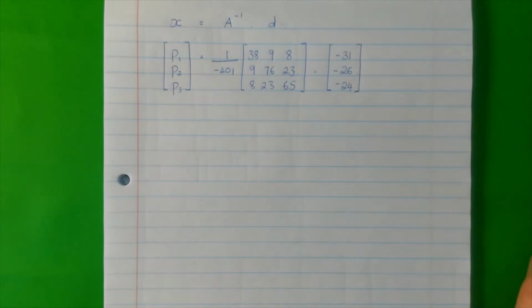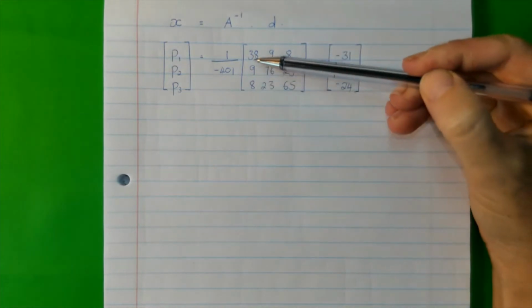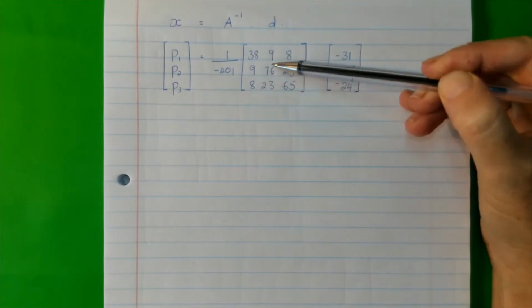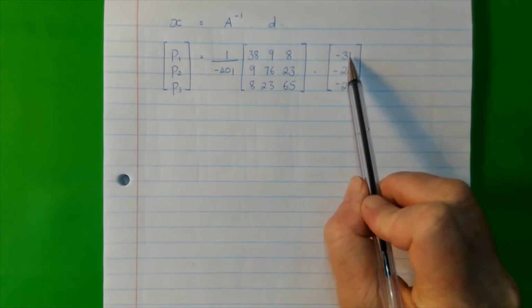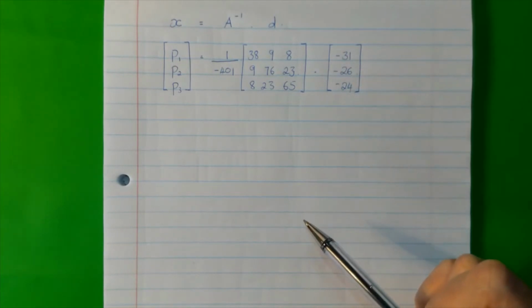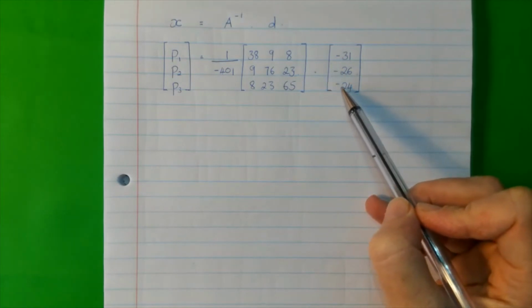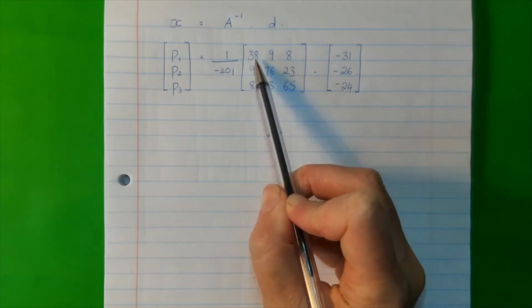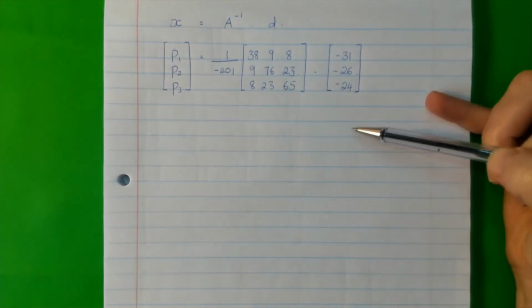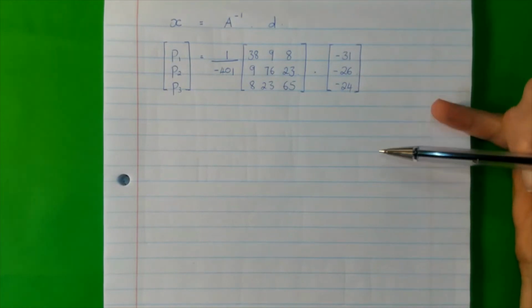So we need to see, are they conformable for multiplication? And we can see that they are, because the number of columns in the lead matrix is 3, the number of rows in the lag matrix is also 3. So those are equal. And we also know what the dimension of the product matrix will be. It will be the same number of rows as the lead, so there will be 3 rows, and the same number of columns as the lag matrix, so there will be 1 column.